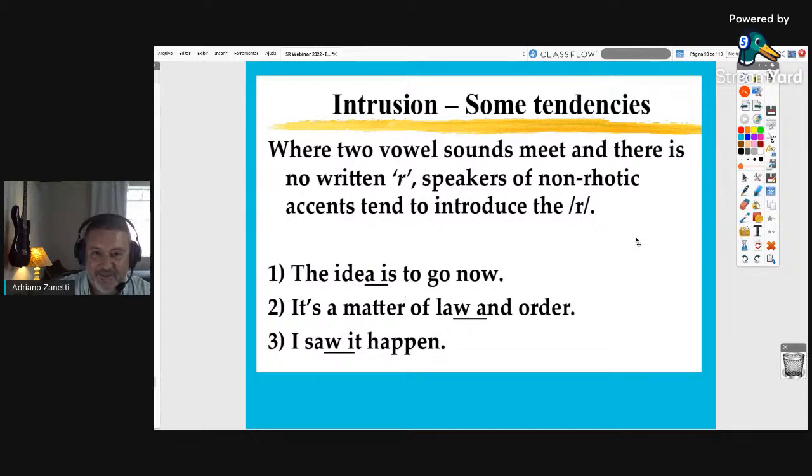And very often people get confused because when somebody says the idea is, so they go like, the idea is, what's this? Yeah. Law and order. I saw it happen. And frequently, when you are aware of these things happening, you start noticing, oh, that's the non-rhotic accents. So the intrusion of the r sound, the idea is, and law and order, I saw it happen.